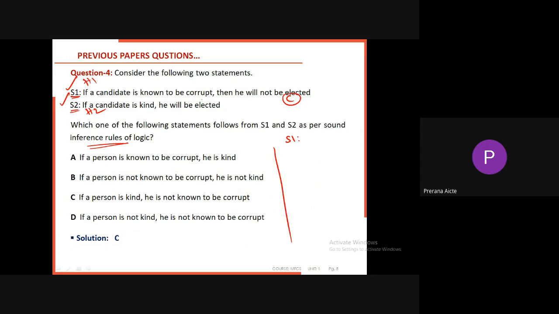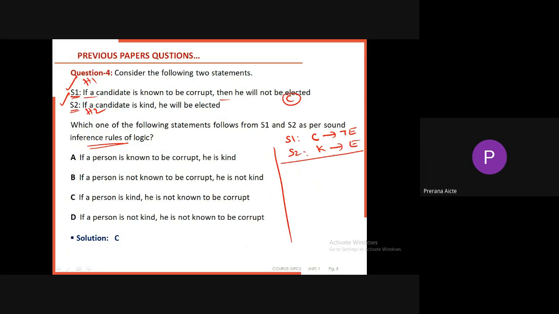If a candidate is known to be corrupt, we represent it using if-then. Let the candidate being corrupt be C; it implies he will not be elected, which is negation E. So C implies negation E. Next, the second statement S2: if a candidate is kind, let it be K, then he will be elected, that is E. So K implies E. We have represented the statements in symbolic notation.